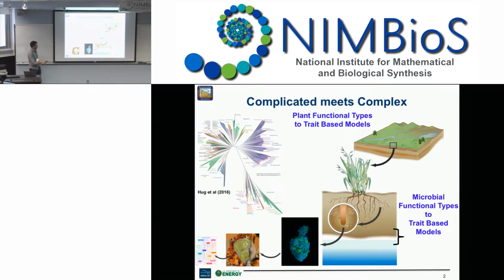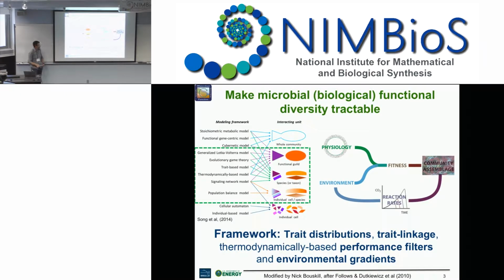So moving from microbial functional types, which is the typical approach in the types of models we use, reactive transport models, to a trait-based approach for the same reasons. Okay. And I think I'm preaching to the choir here at this point.